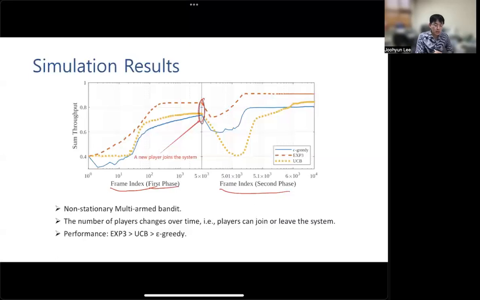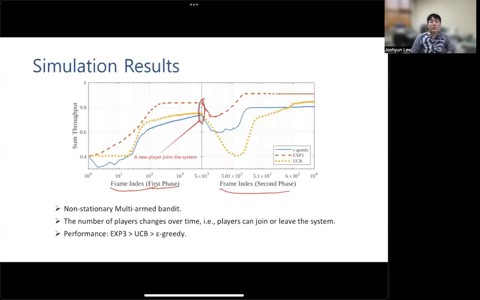But after a few frames, it learns or adapts to the environment to change the action, and later on it approaches the higher sum throughput even in changed environments.